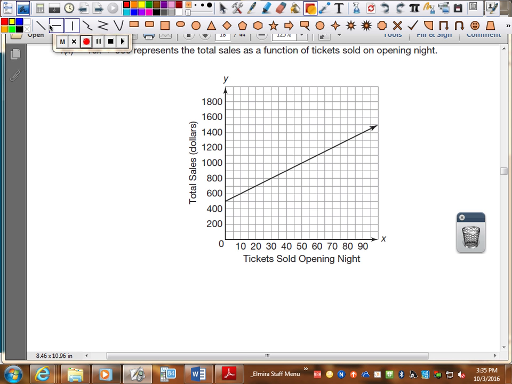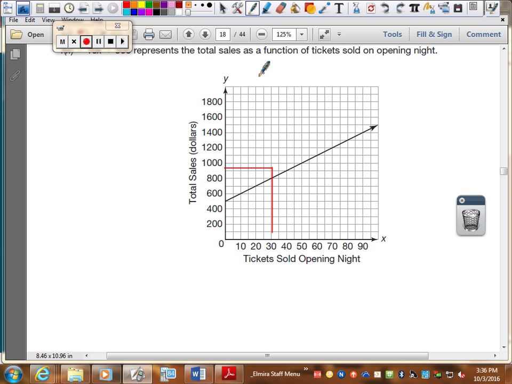And again, I'm going to follow the graph across. And this one looks like it turns out nicer. Looks like 30 is our magic number here. Okay, 30. Oh, there we go.